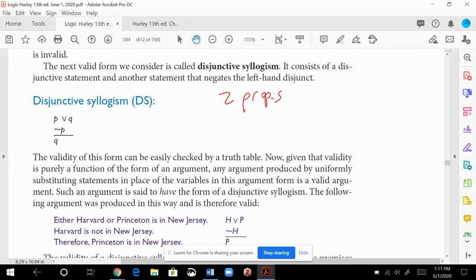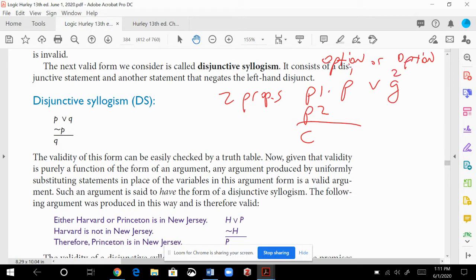Here's something that I want you to see. It trips up a lot of students, right? P or Q. Think of it this way. Option 1, or, because that's what the wedge means, right? Or option 2. I'm giving you two options in premise 1.